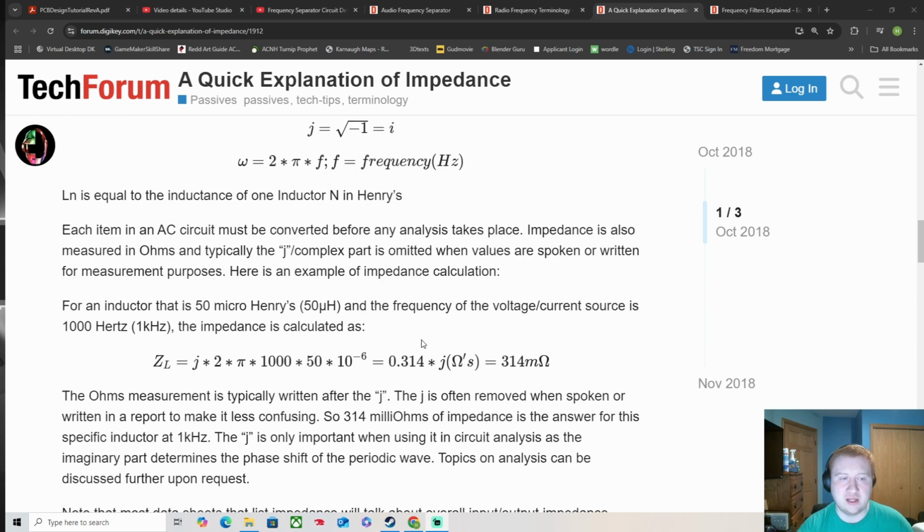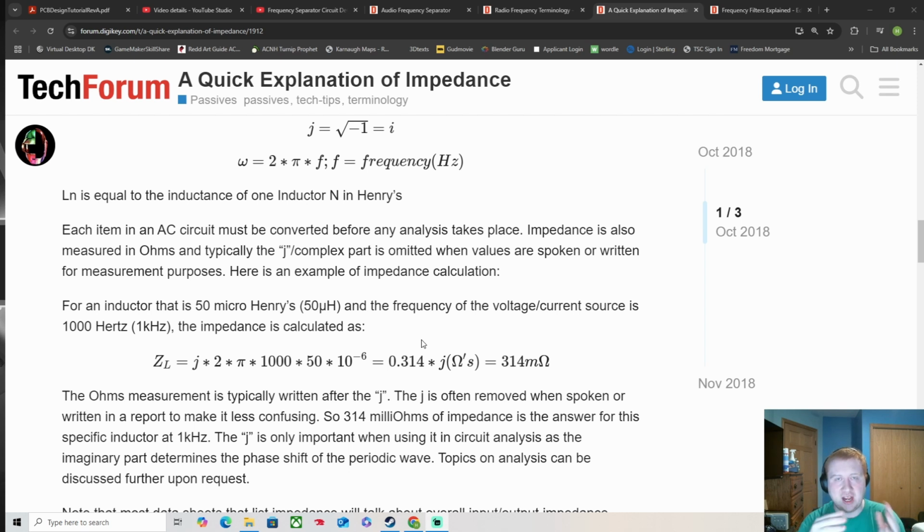An example is an inductor that is 50 microhenries, and the frequency of the voltage or current source is 1000 hertz, or 1 kilohertz. The impedance is calculated as j times 2 times pi times 1000 times 50 times 10 to the -6th, which is equal to 0.314 j ohms, or you could just say 0.314 ohms or 314 milliohms of impedance.